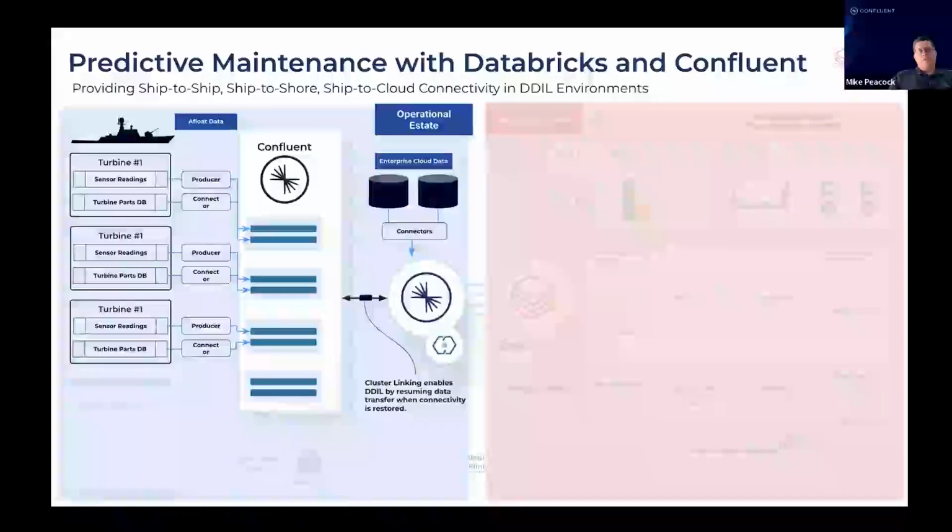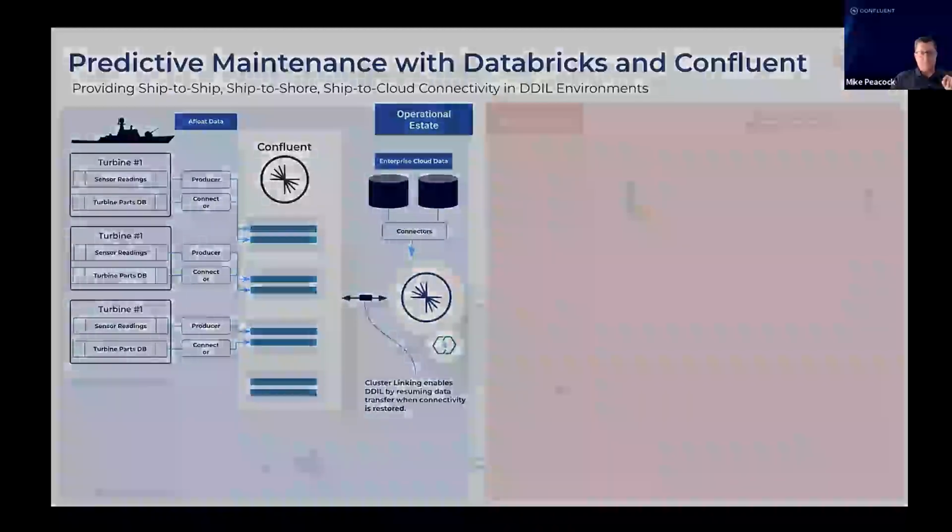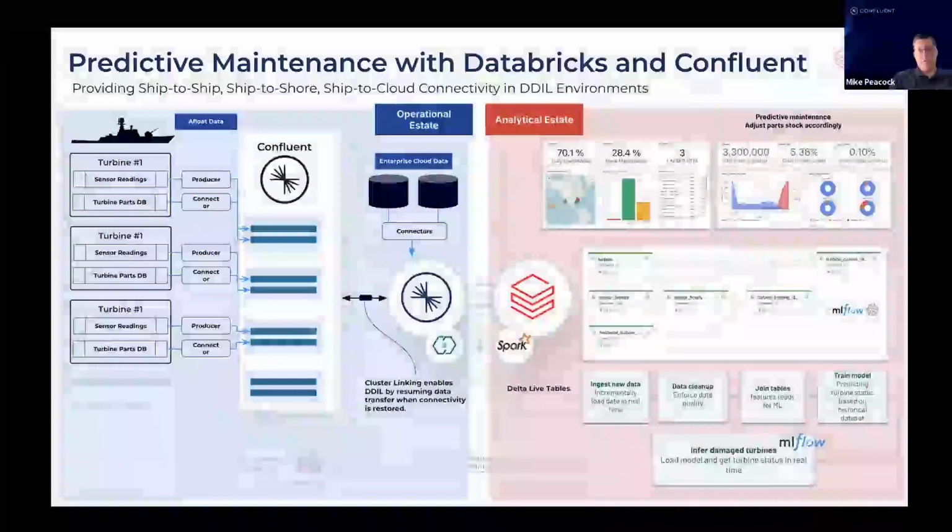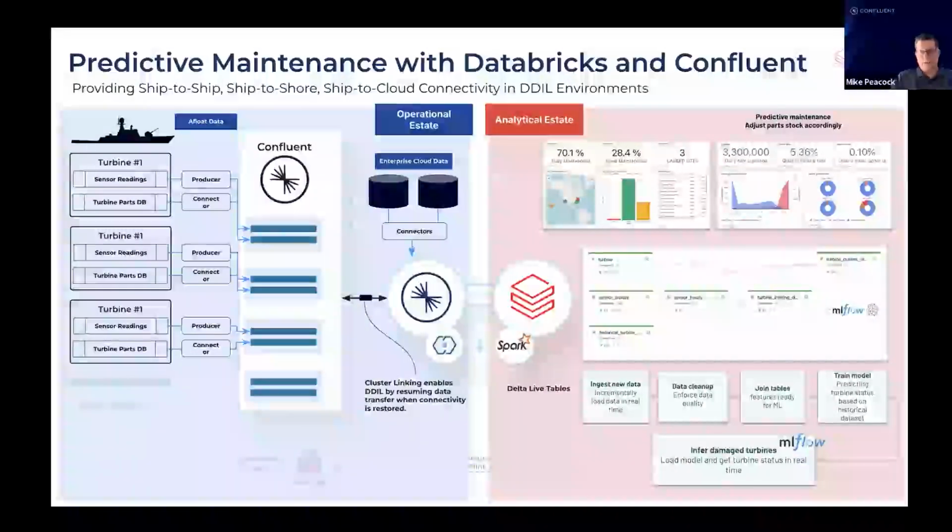We need to get that data up to the cloud where we can do deeper analytics and maybe joining that data with a larger set of historical data or parts, for instance, from a predictive maintenance perspective. So bringing that enterprise cloud data into Confluent, joining that with the ship information, again, potentially hundreds of ships in this case, ultimately doing that via cluster linking, pushing that data to Databricks where they can ingest that data.